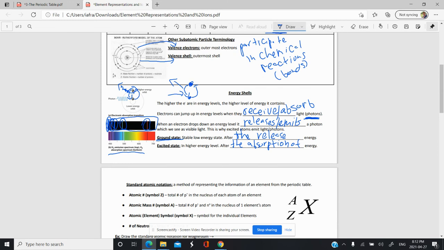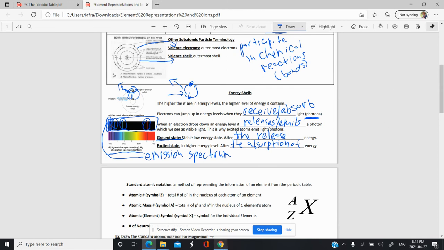So essentially what we have here is an emission spectrum. It's basically just a picture that shows you what colors of light are released by the electrons of an atom when they come back down to their ground state after you shine some light or heat them up in some way, shape, or form.